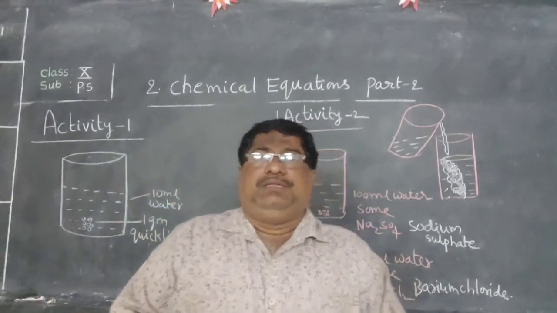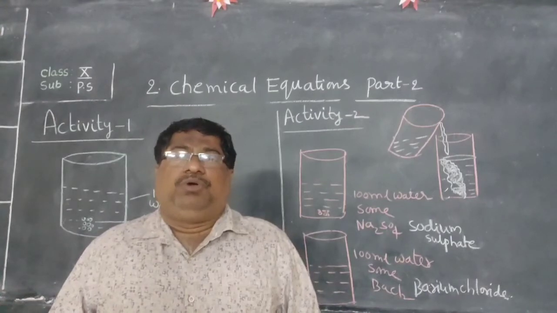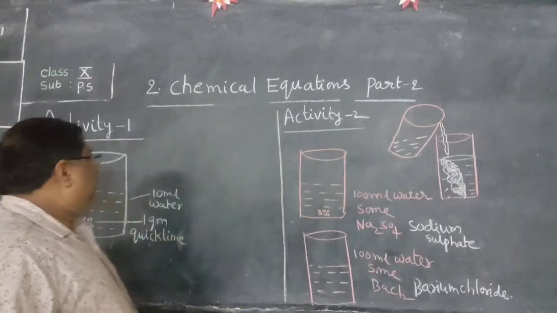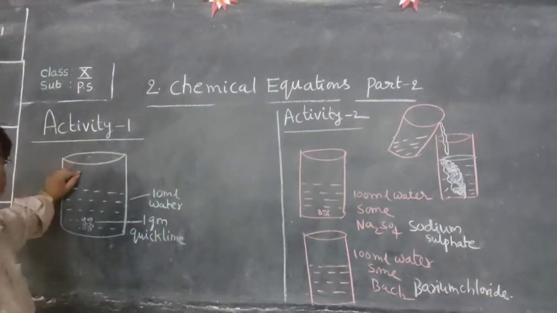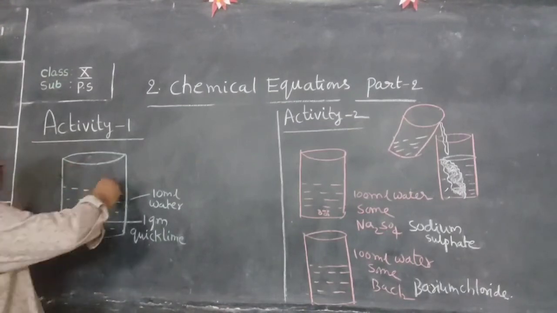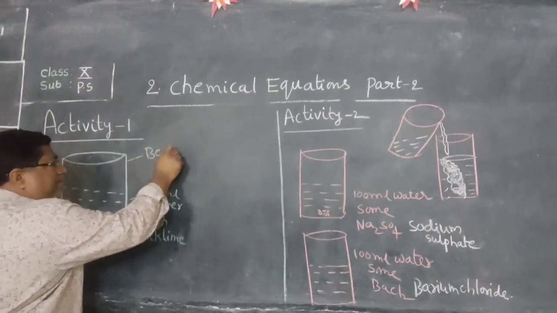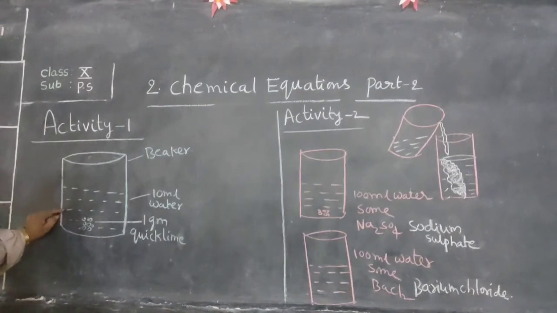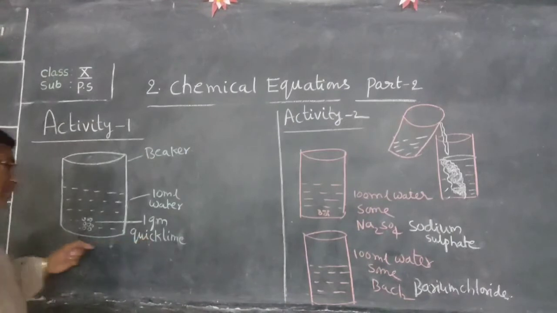Today, in this video, you are going to learn about two activities. In the first activity, we have to take a beaker, and in the beaker we have to take 1 gram of quicklime.